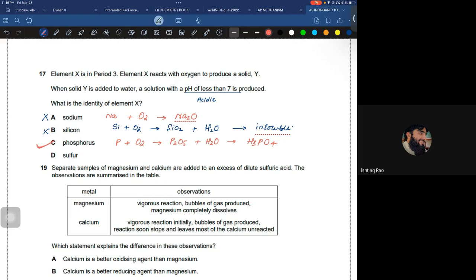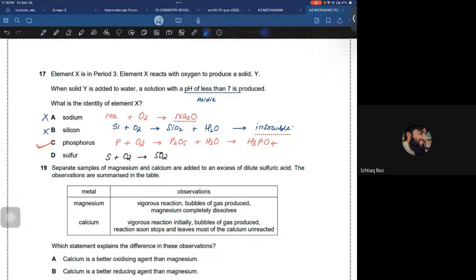Option D also gives a pH less than 7, but why is option D not correct? You know what's the reason? When sulfur reacts with oxygen, it produces sulfur dioxide.